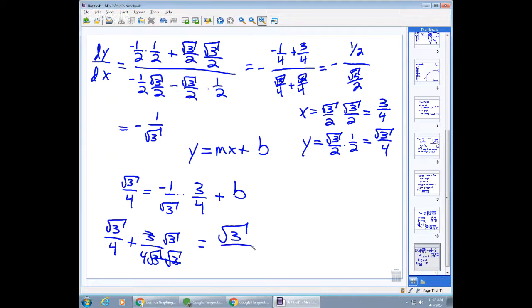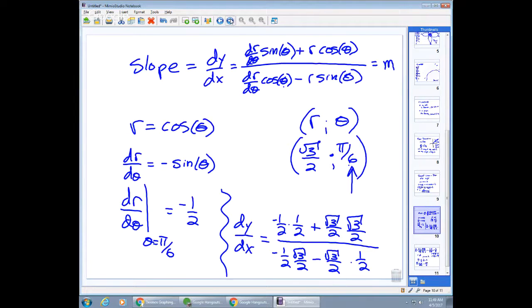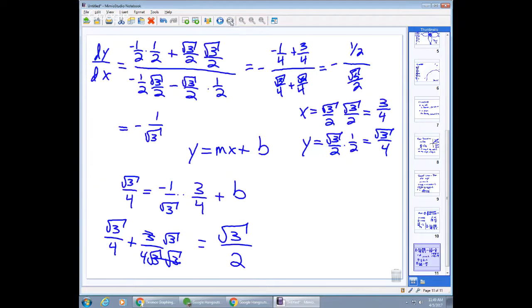Okay, now it's time to see if our good work paid off. We have m, we have b, we have a polar version of a line. Let's see what happens. So the polar version of the line, where'd you go? Back here, is going to be b over the sine minus m times the cosine. So I'm going to attempt to write that down. Where are we? I'm running out of room.